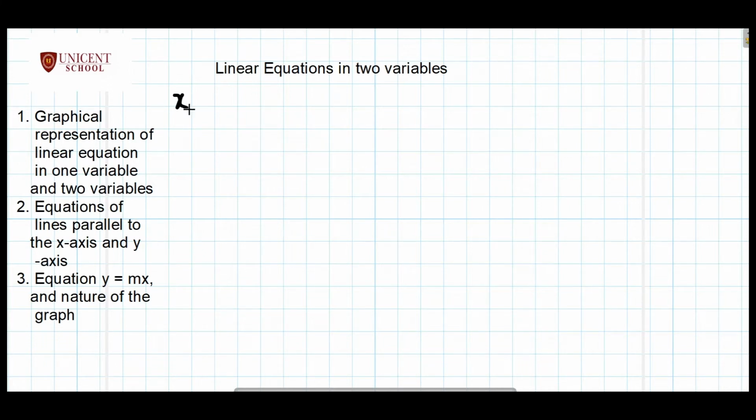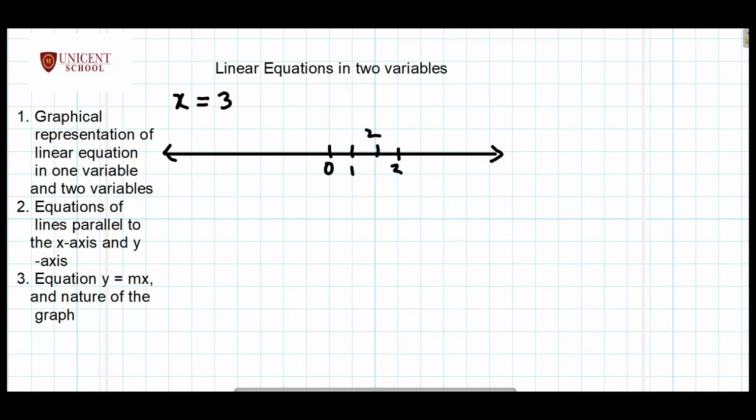For example, if we take x equals 3, how do we represent it graphically? That is, we need a number line. Draw a number line and plot the numbers, with the negative scale for the numbers.